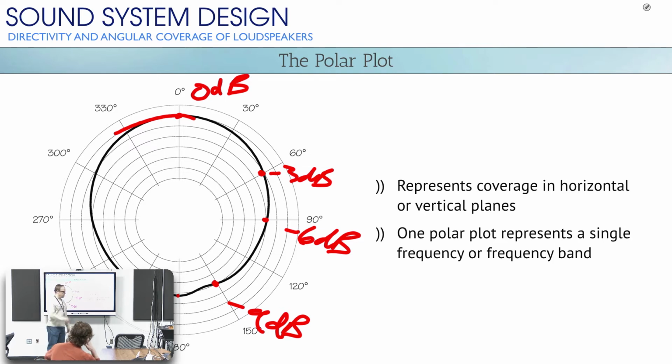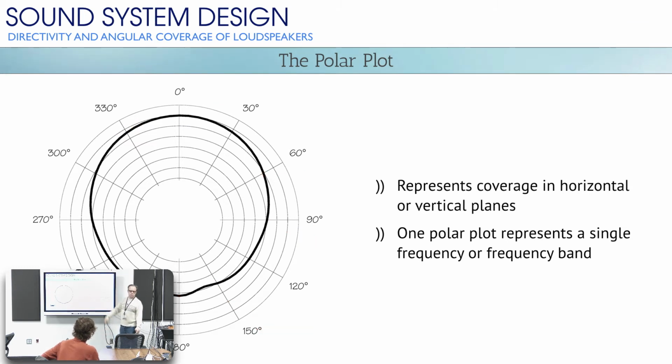On Friday I'll share some actual documents from loudspeaker manufacturers with polar plots, and it's page after page of them. It's like, okay, 250 hertz horizontal, 500 hertz horizontal, 1 kilohertz horizontal, and so on. Then you do the whole thing again for vertical. So easy to read, but not particularly efficient.